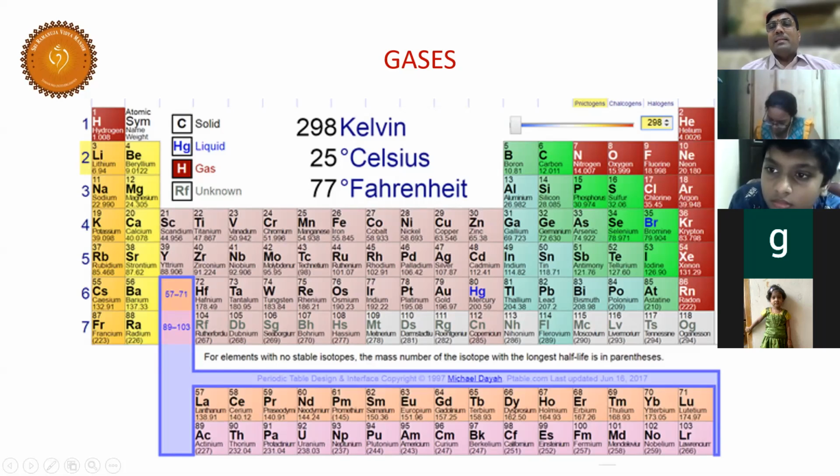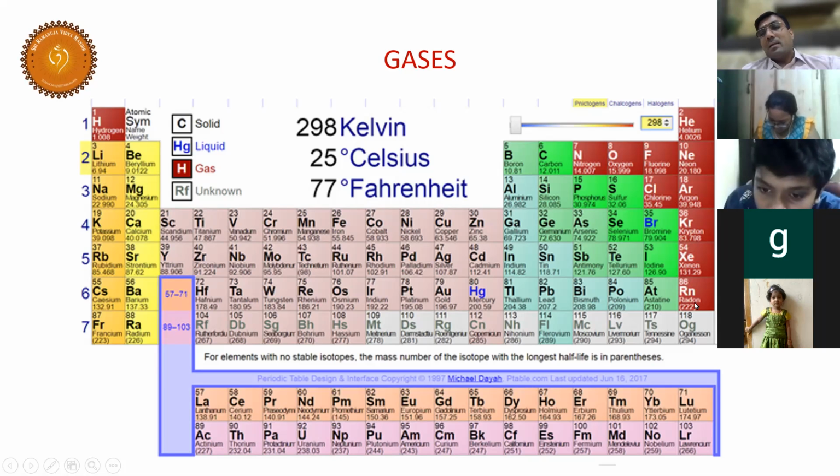These are inert gases, eighth group elements. Helium, neon, argon, krypton, xenon, radon.